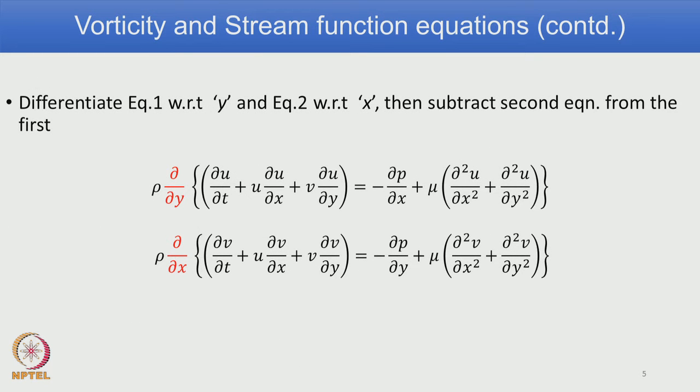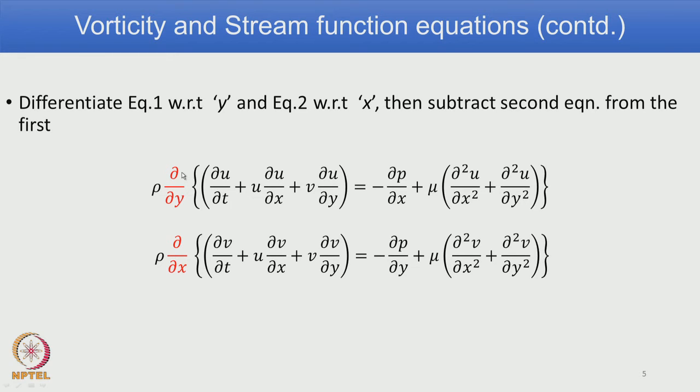Now differentiate equation 1, that is the x momentum equation, with respect to y, and differentiate the second momentum equation, that is the equation for v, with respect to x, and subtract one from the other. This is an algebraic step that we are going to follow.